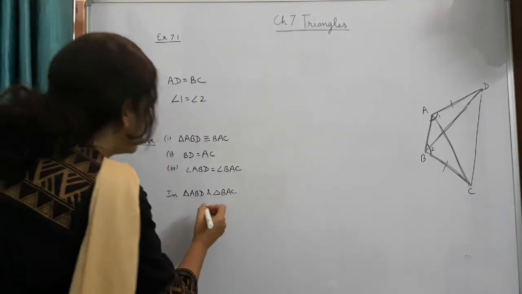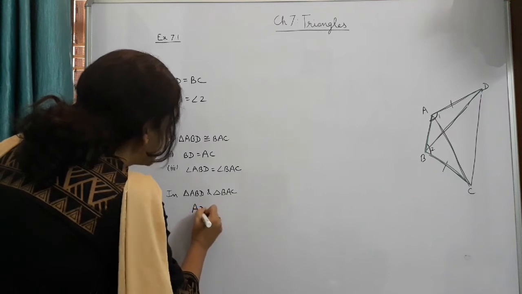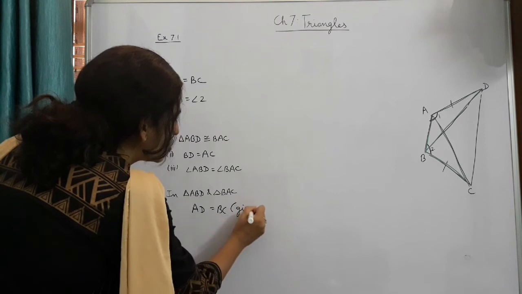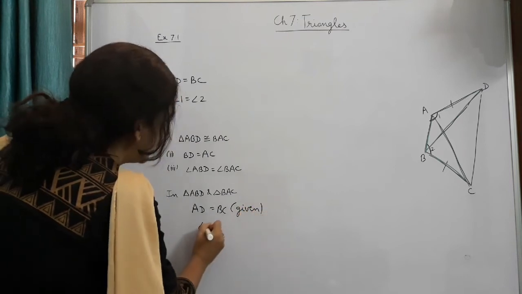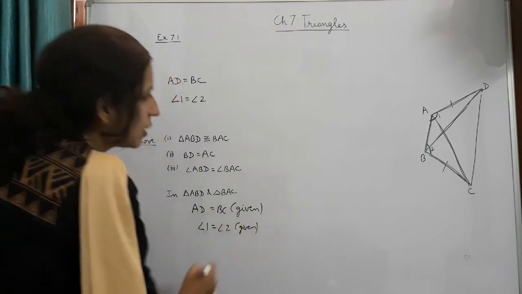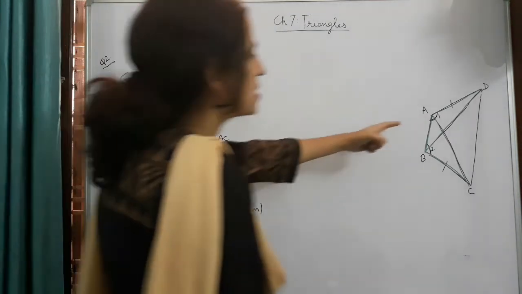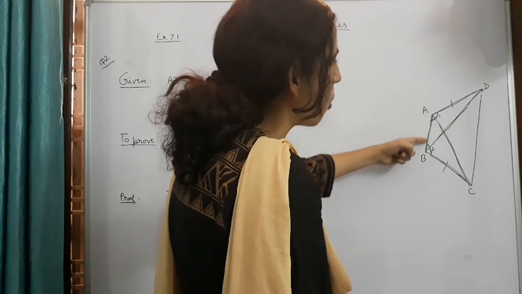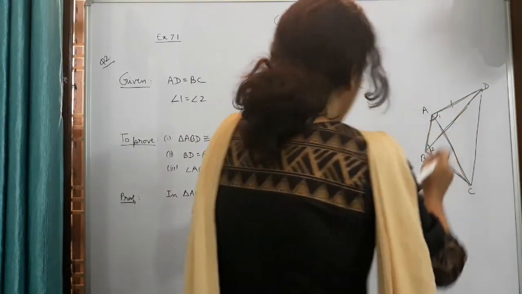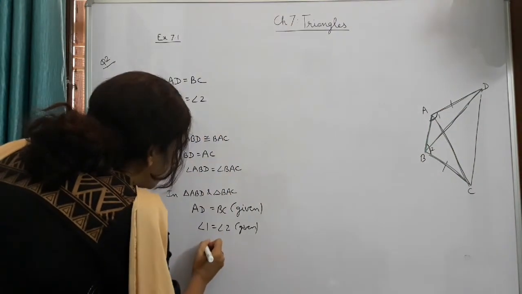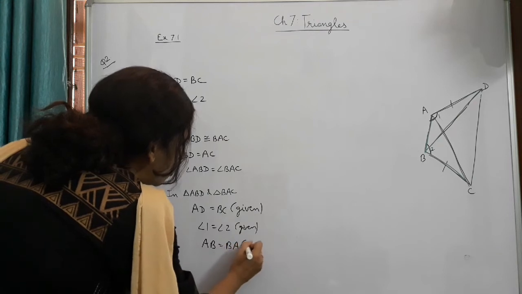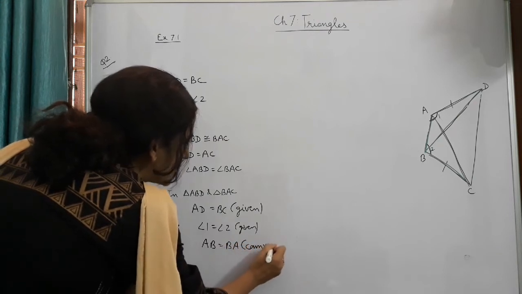Over here it is given to us that AD is equal to BC. This is given to us in the question. Angle 1 is equal to angle 2. This is also given to us in the question. And we can see that AB is the common side of both these triangles. So over here we write down that AB is equal to BA, which is the common side.